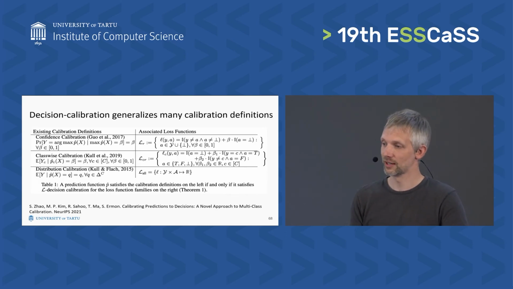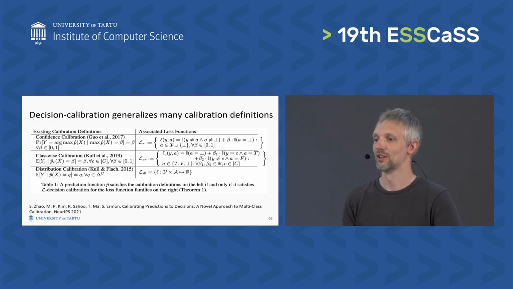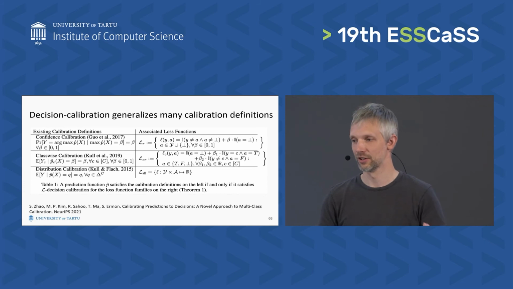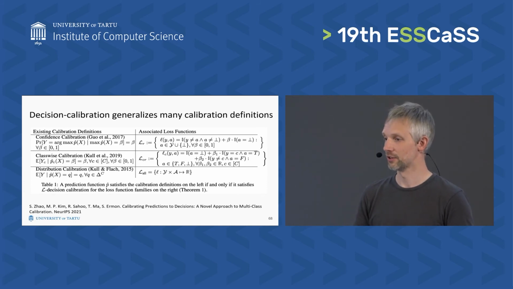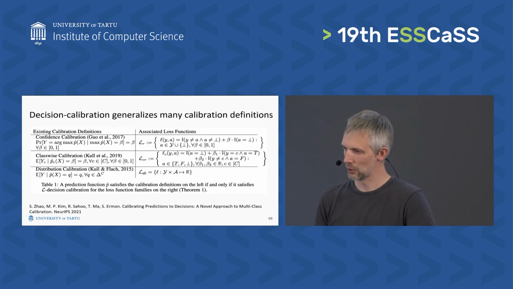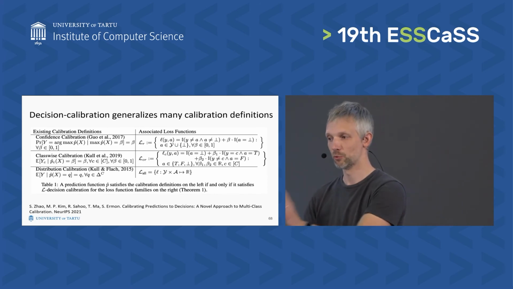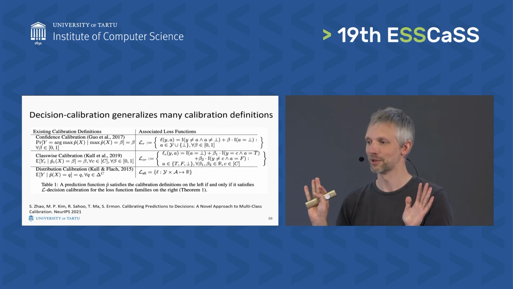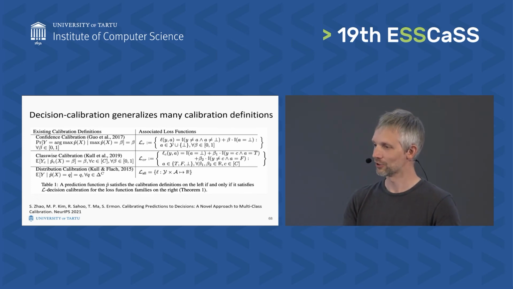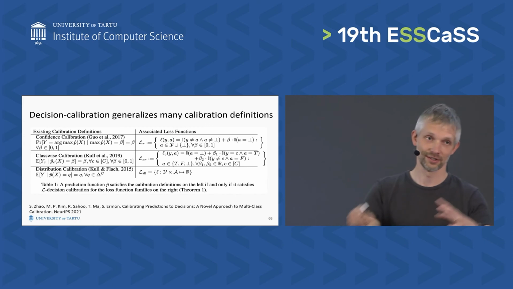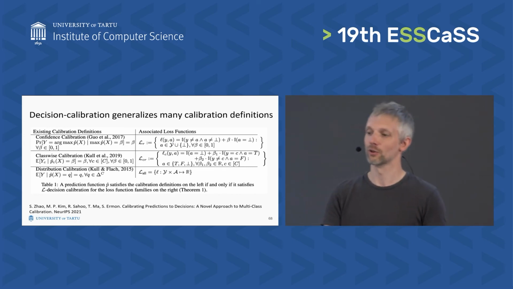What they then showed is that by looking at different sets of actions, you can relate decision calibration to many other existing calibration notions. In particular, if you look at all your class labels plus an abstain or reject label, so the possible actions are either we predict one of the classes, or we abstain, or we decide not to make a prediction, and for that there is a lower cost beta than the full error cost, then under that model, requiring decision calibration in the sense of the previous definition is equivalent to requiring confidence calibration.